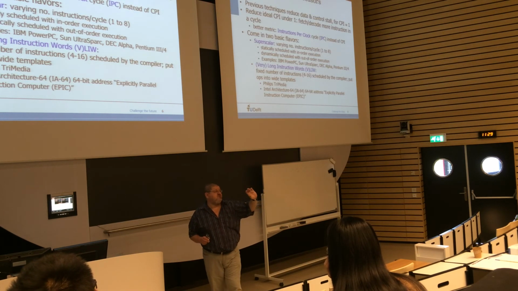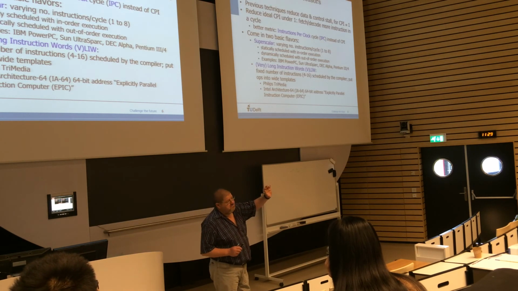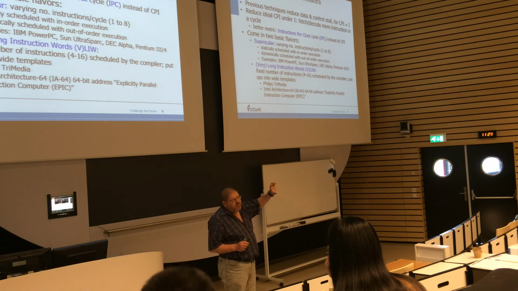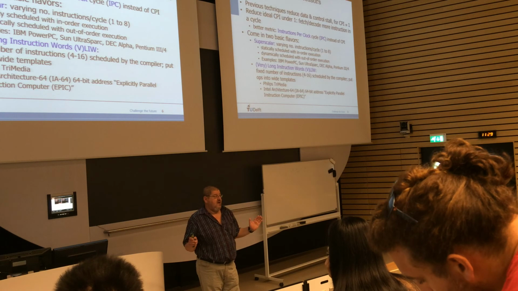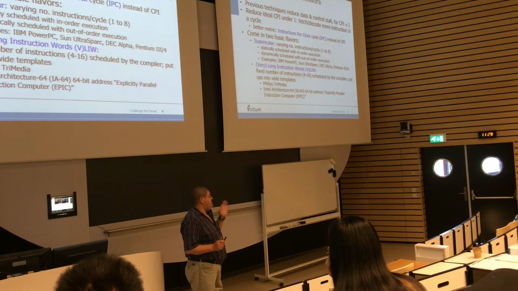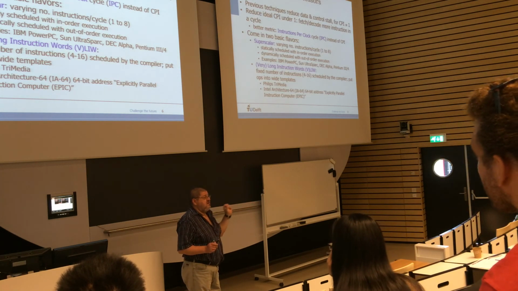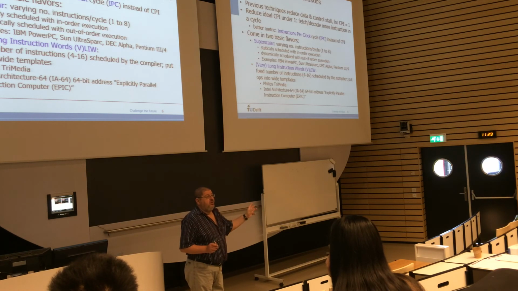Most of the time those machines are two-way machines, maybe four-way machines, but most of the time they are two-way. They are not very parallel. The instructions are coming in pairs. From the compiler point of view, they are okay.